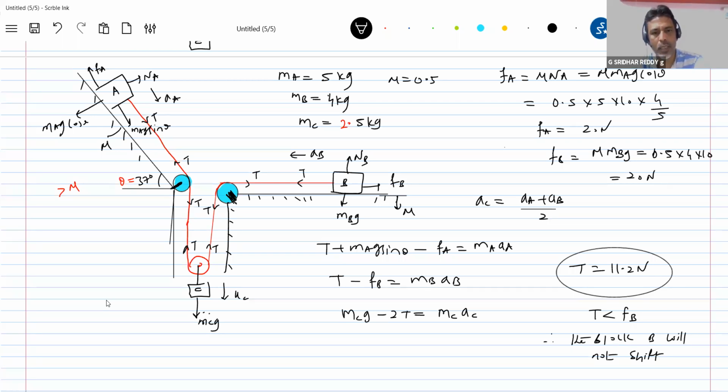Got it, no? So whenever something like this comes on an inclined plane, you have to be a little bit alert. We can't just blindly come to the problem. We have to cross check.